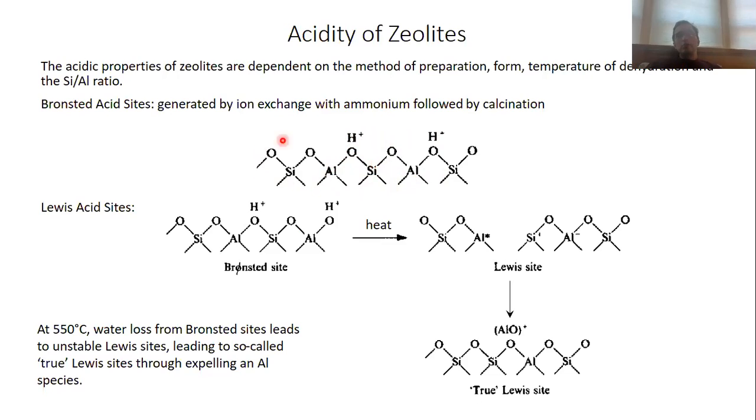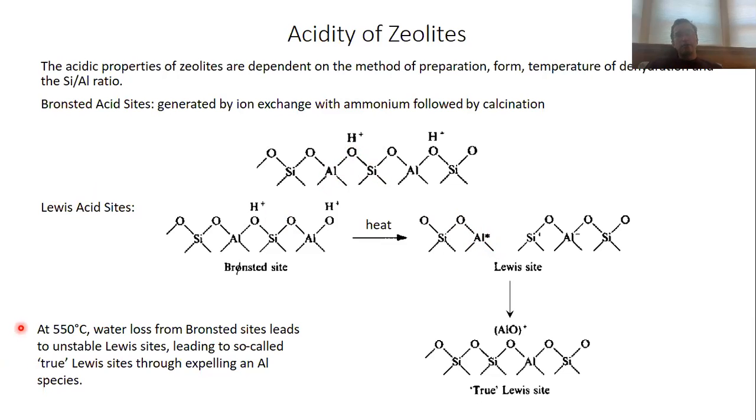So in addition to these Brønsted acid sites, we also know Lewis acid sites, and these Lewis acid sites are generated when zeolites are heated, because an aluminum-oxygen-silicon bridge can break. In this case, tri-coordinate aluminum is being created, and that tri-coordinate aluminum is Lewis acidic.